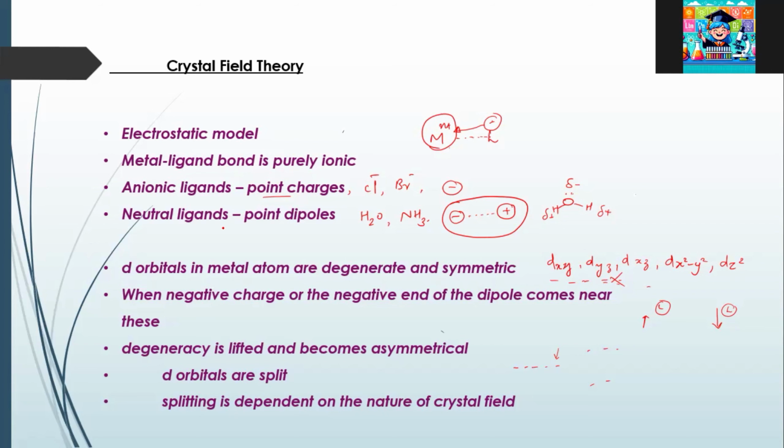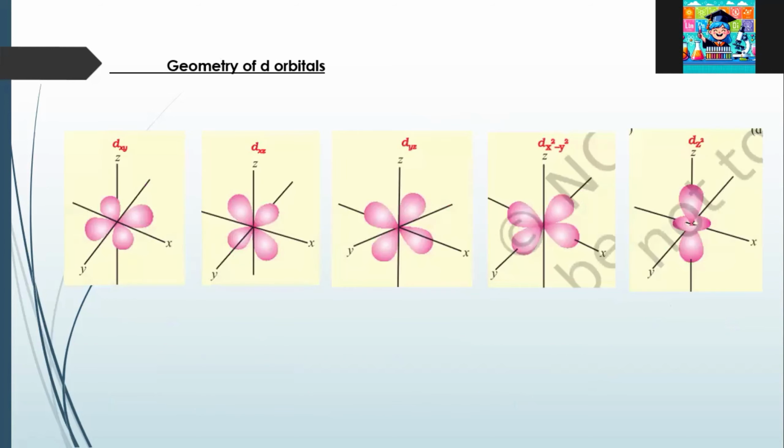The d orbital splitting happens in different geometries. Before that, we will see the geometry of d orbitals. So the d orbitals geometry is given here. dxy has this geometry, in which the orbitals are between the x and y axes.